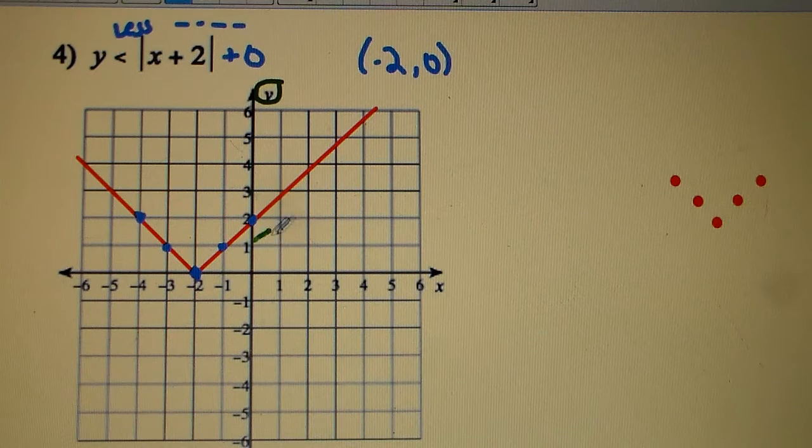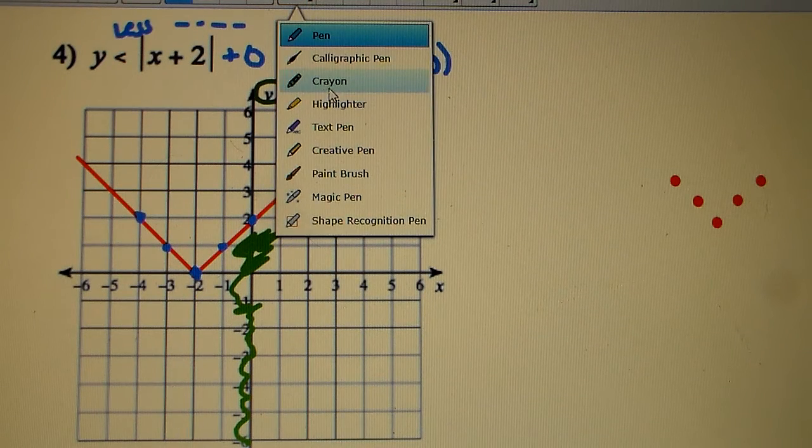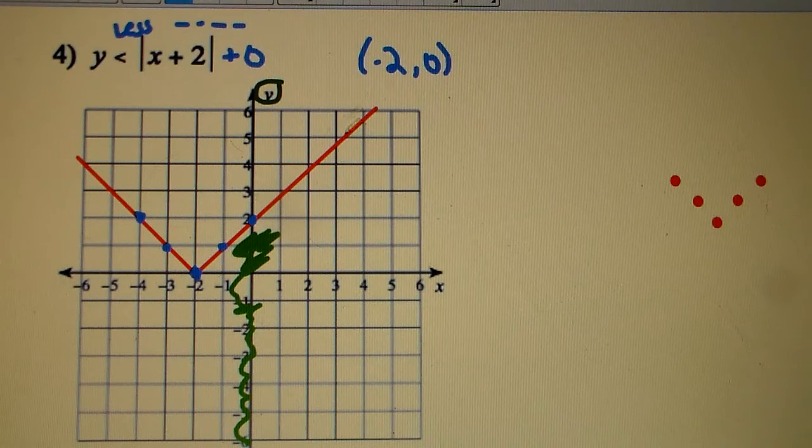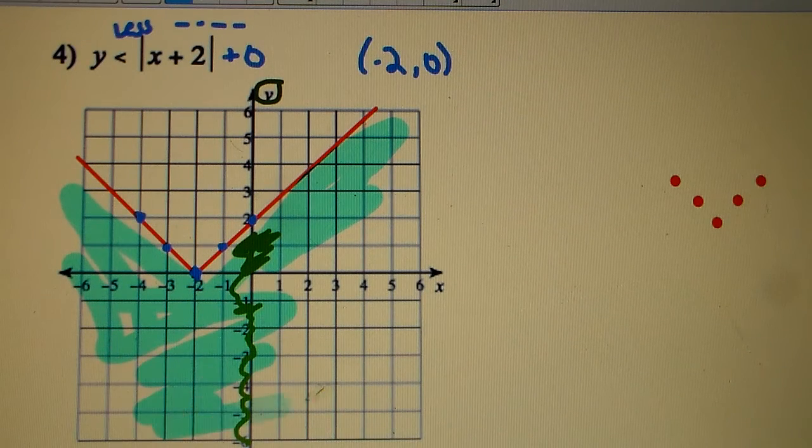Well, below, less than, that would be 1, 0, -1, -2, -3, -4. So it would be that side of the absolute value wall. So we're going to shade everything on that side of the absolute value wall. In this case, I did blue. I'm going to shade that entire side.